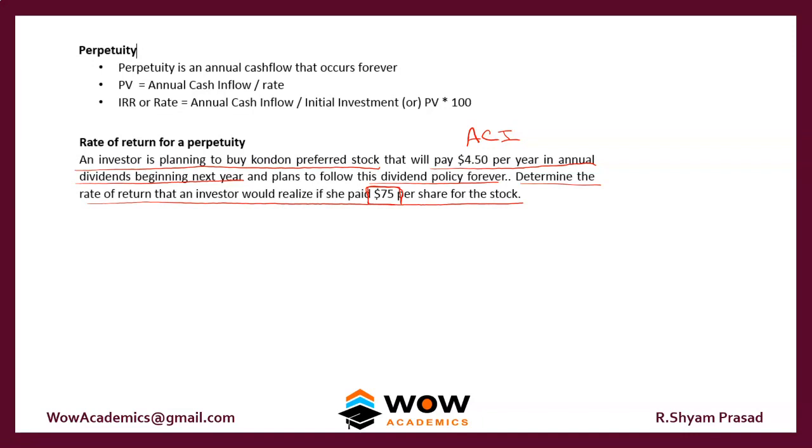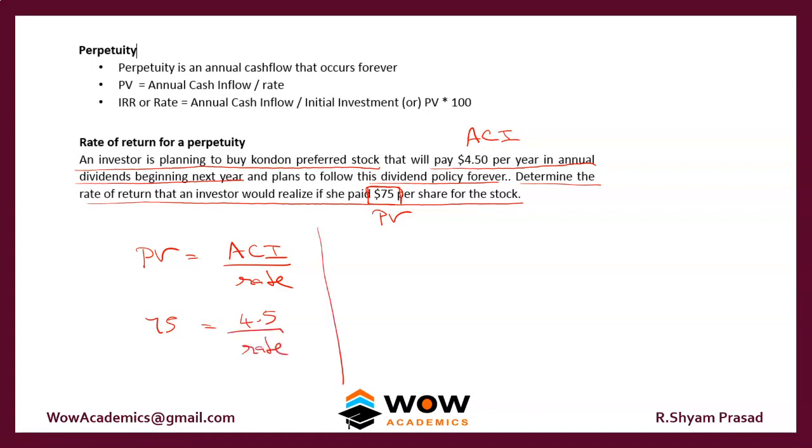So that is not the rate. The rate is what you have to find. So this actually is the present value. So we can put it like this. The present value equals the annual cash inflow divided by the rate, where the present value is 75, the annual cash inflow is 4.5, and the rate is what we don't know.